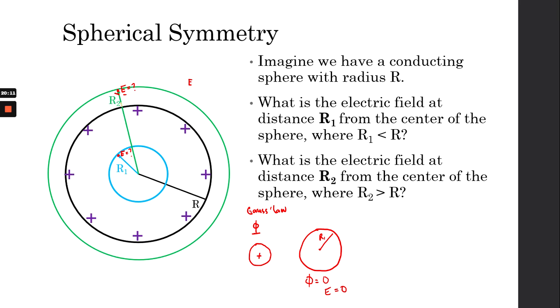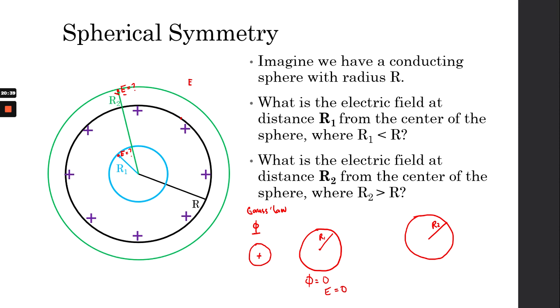Alright? Now, let's look at our Gaussian surface R2. We have our second Gaussian surface with a radius of R2. What you notice now is that this imaginary sphere, this green sphere, which is our Gaussian surface, encloses your conducting sphere. It means found inside of this Gaussian surface are the charges.